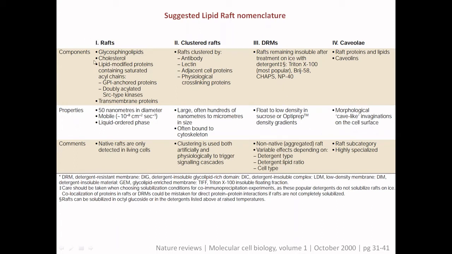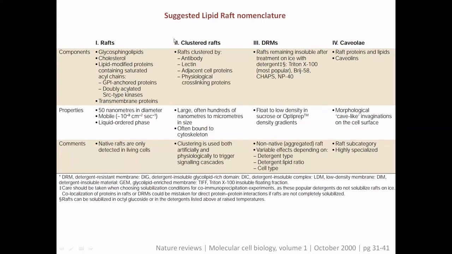So coming to the components, that means how the components are different in the four different types of lipid rafts. First, we will go to the native raft that is composed of glycolipids, cholesterol, lipid modified protein containing saturated acyl chains as we have discussed, GPI anchored proteins, doubly acylated SRC type kinases, and transmembrane proteins.